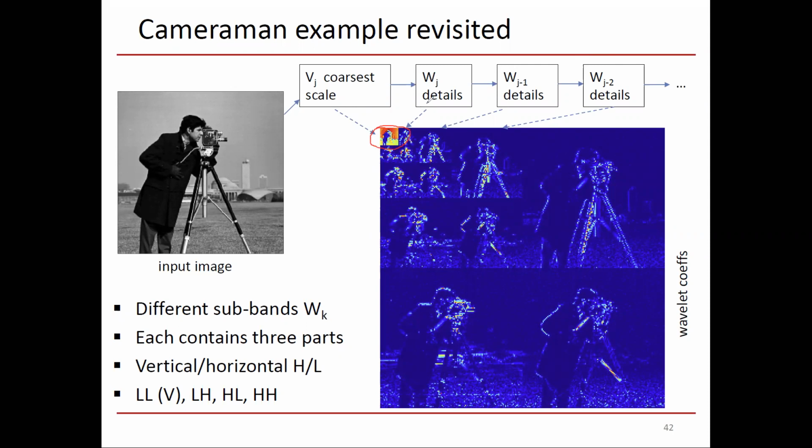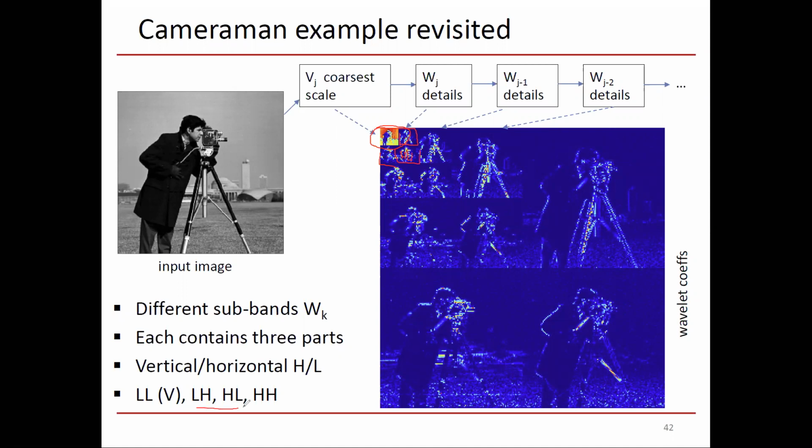And then Wj are the details in 3 different subbands that correspond to vertical and horizontal parts. And this part is called HH. Both of them are higher frequencies. And the original part, Vj, is the lower part.